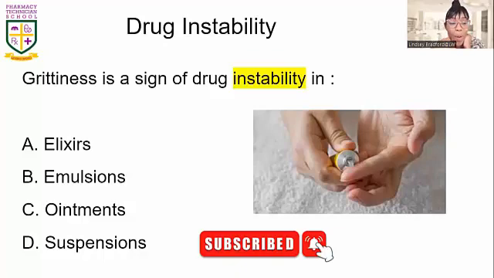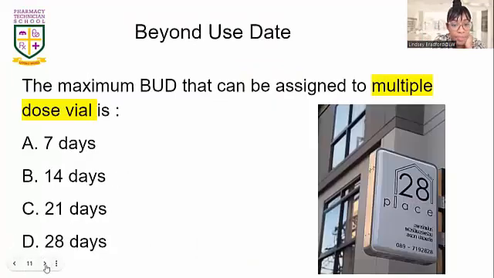Okay, and they should not be gritty. So if it's gritty, like little crumbs, we don't want to use that ointment. That means that that thing has gone bad. Okay, so grittiness is a sign of drug instability inside of ointments.